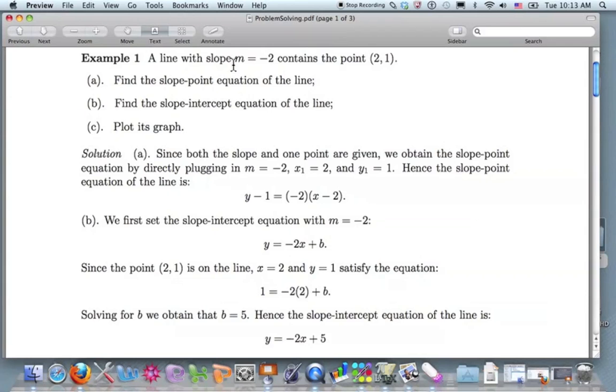Here m is given as -2, we plug in, and then we use the point x equals 2 and y equals 1 to get 1 equals -2 times 2 plus b. Solving for b, we get b equals 5, so the equation is y equals -2x plus 5.